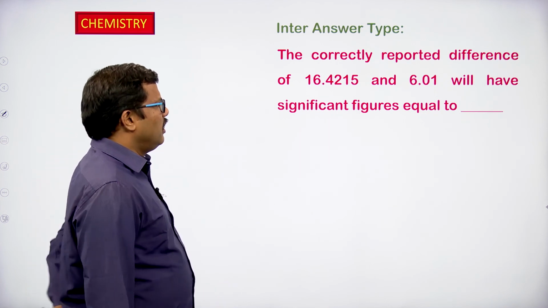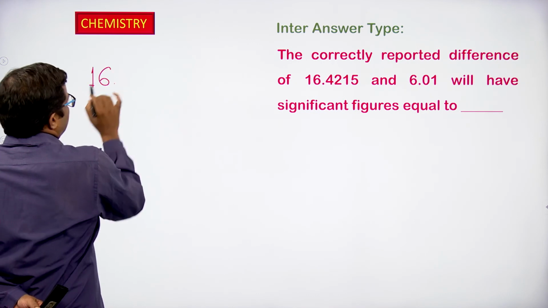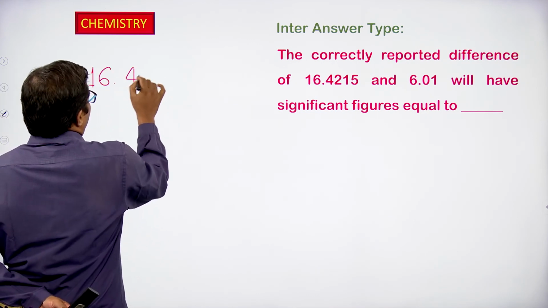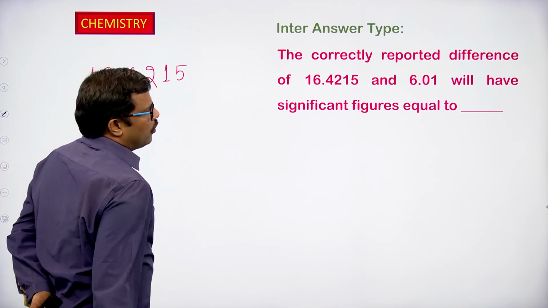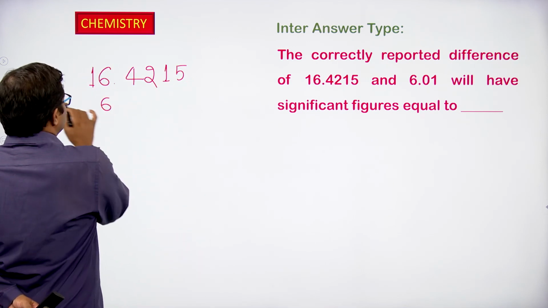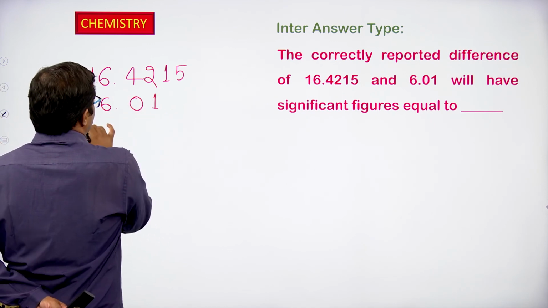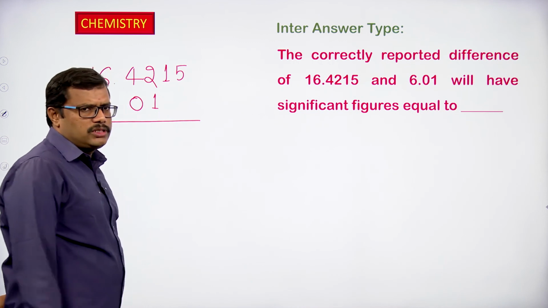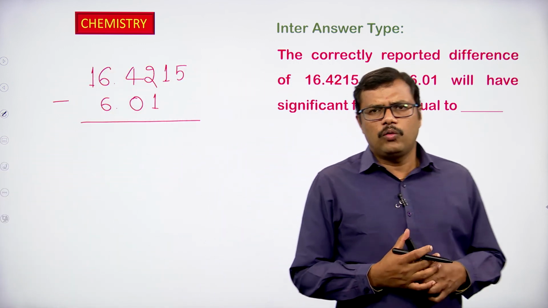So, here a subtraction process is given. It is 16.4215 minus 6.01. So, we have to subtract 6.01 from 16.4215.